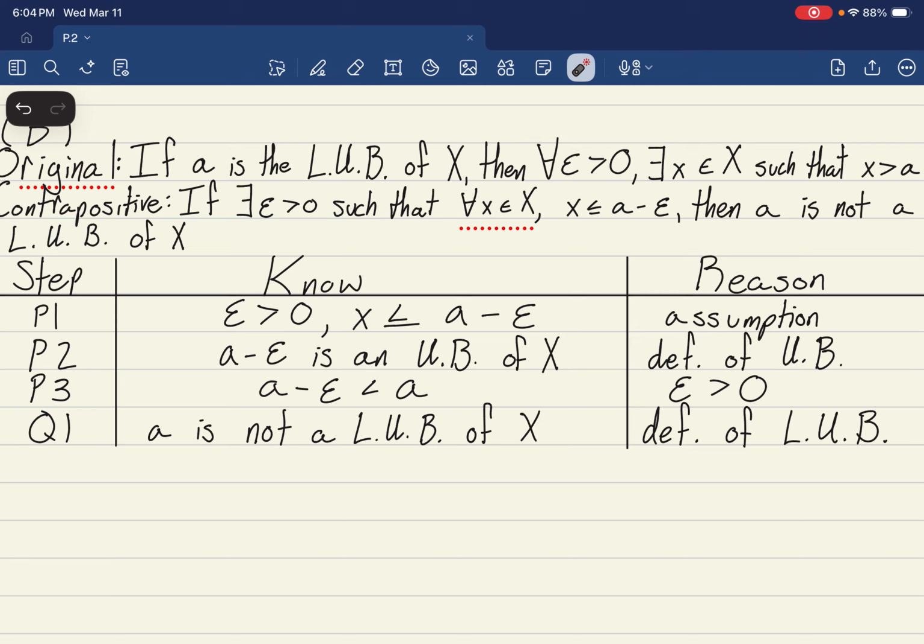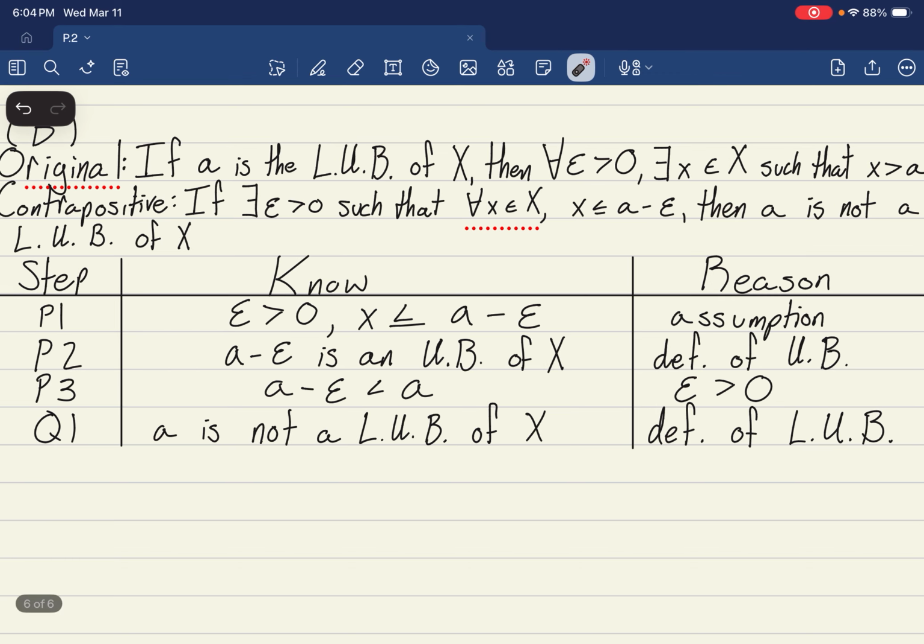And we know that a minus epsilon must be less than a because we were told that our epsilon is greater than 0. And a positive real number subtracted from a is going to be less than our original a.